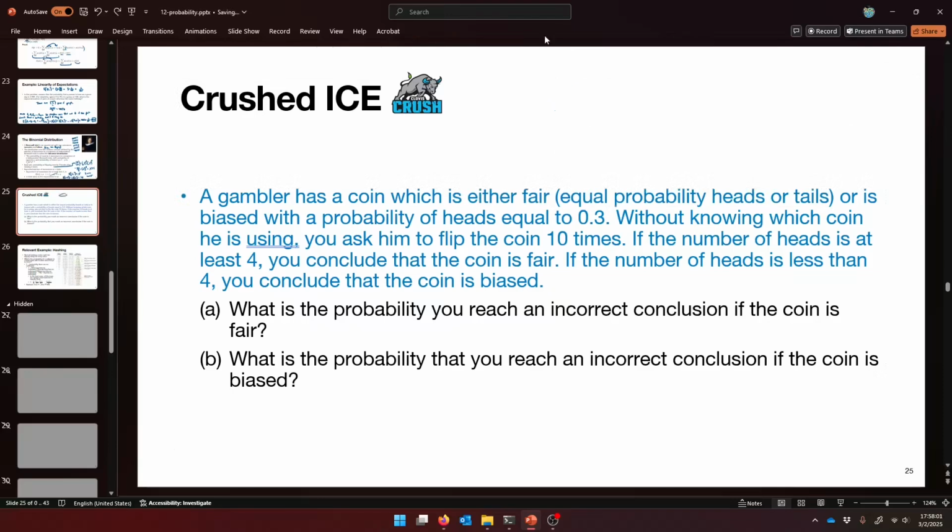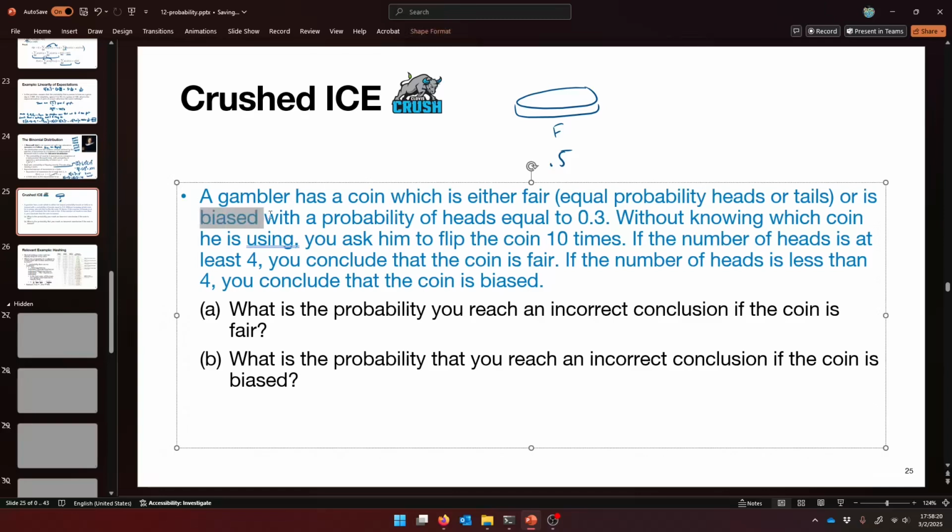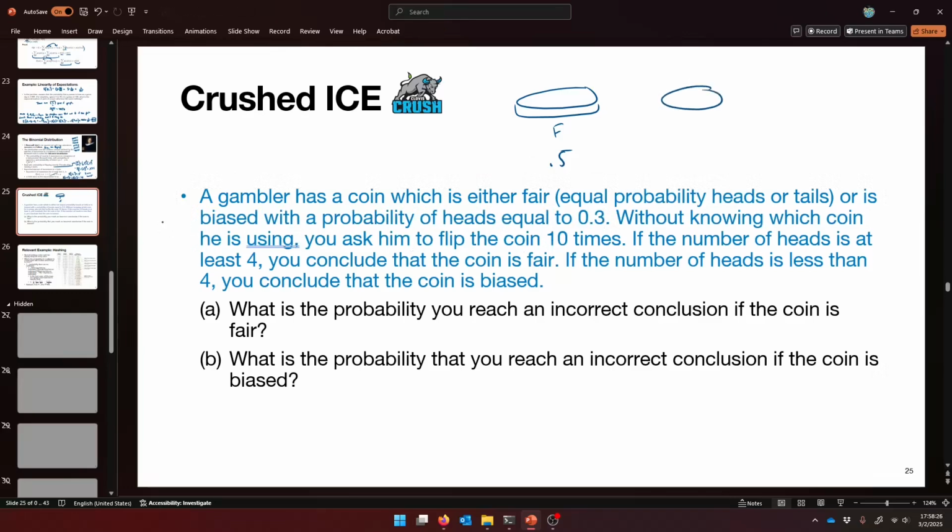He's saying either in my hand I have a fair coin, where it lands on heads or tails with probability 0.5, so a 50% chance of heads and 50% chance of tails, or I have a loaded coin, a fake, biased coin, where the probability of heads is only 0.3.